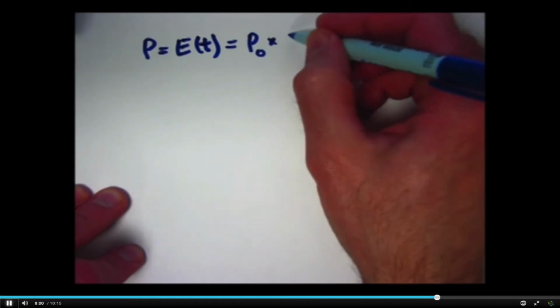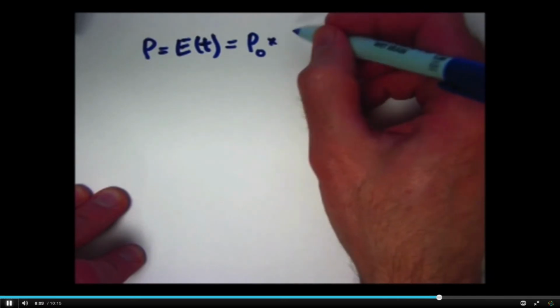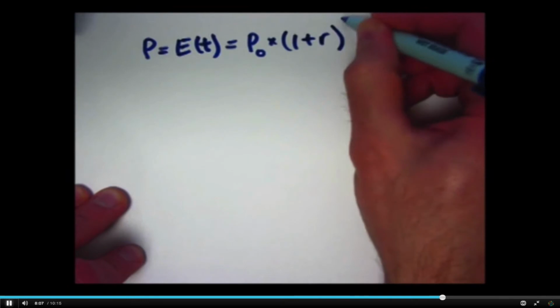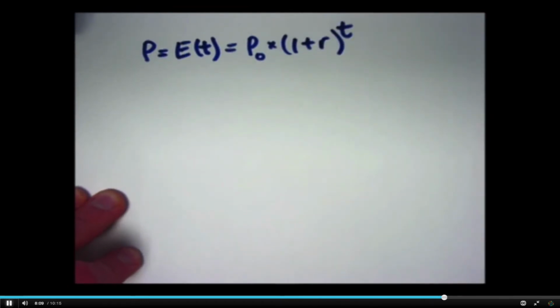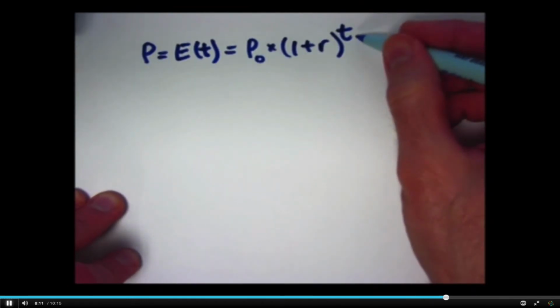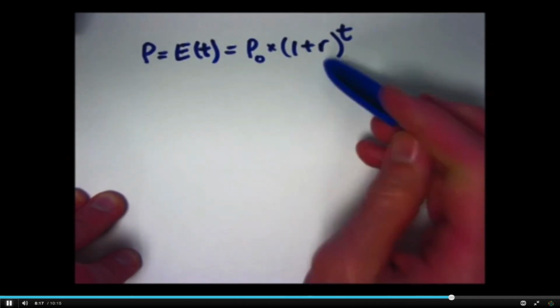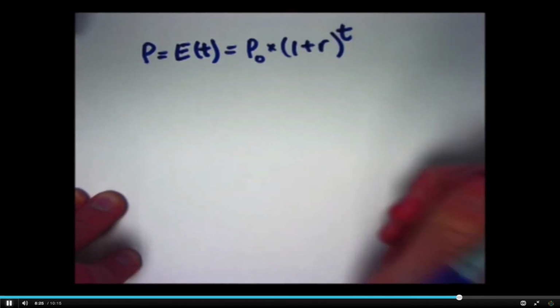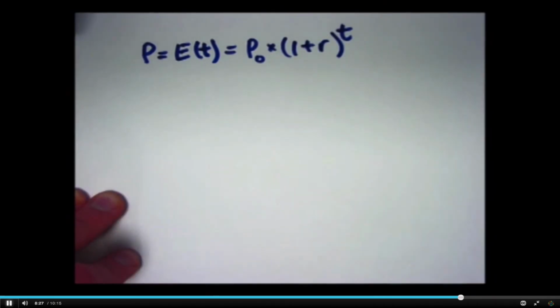Well, one common way of writing what I'm about to write is like this: 1 plus r to the t. Notice the independent variable is now in a power instead of being multiplied by something. That's what makes this an exponential function, where r is really the rate of growth as a percentage without the percent sign, where you take your percent version and move the decimal back to the left 2 places.